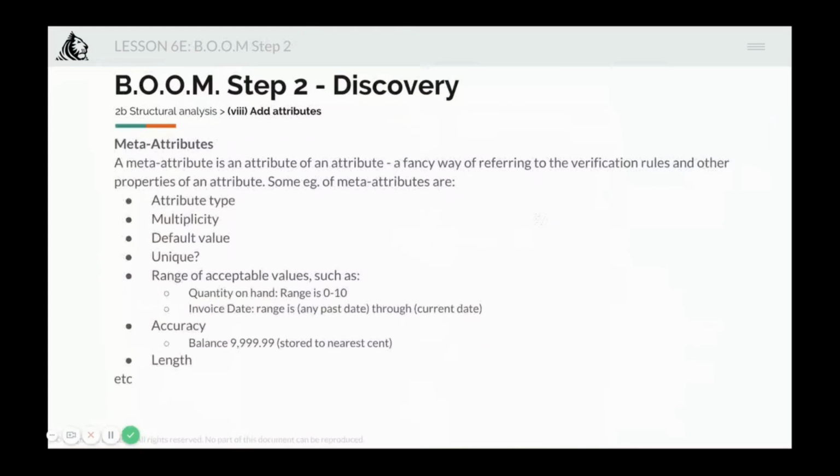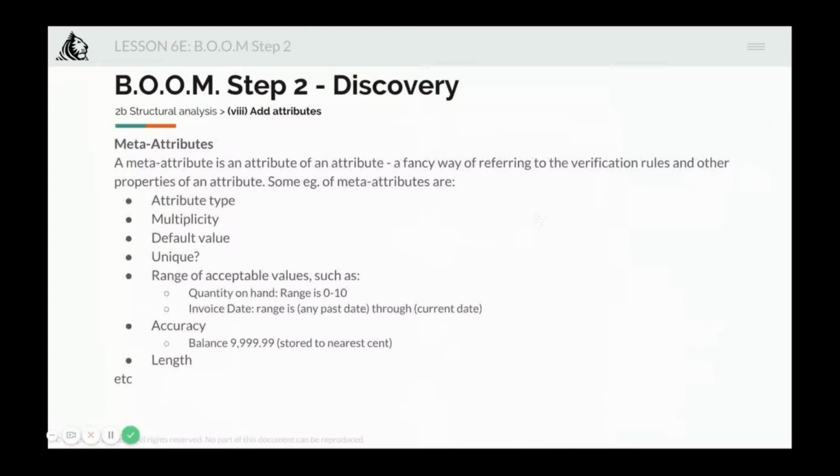In other words, no two objects may have the same value for this attribute. Range of acceptable values, such as quantity on hand, invoice date, etc. List of acceptable values. So gender values are male and female, or male, female, or unspecified, and so on. However, if the list of acceptable values is subject to change, define the whole attribute as a lookup table.